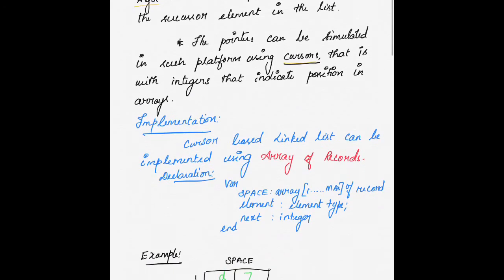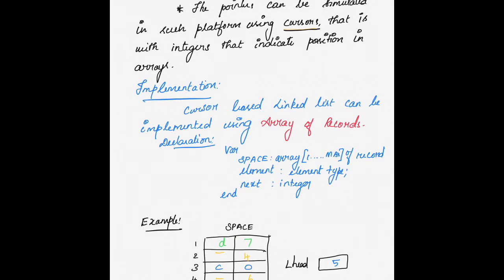So how will the implementation be done using an array of records? How do we declare the array of records? This is an example, which is similar to a structure. In a structure we usually have different members, and each member can have a different element type.